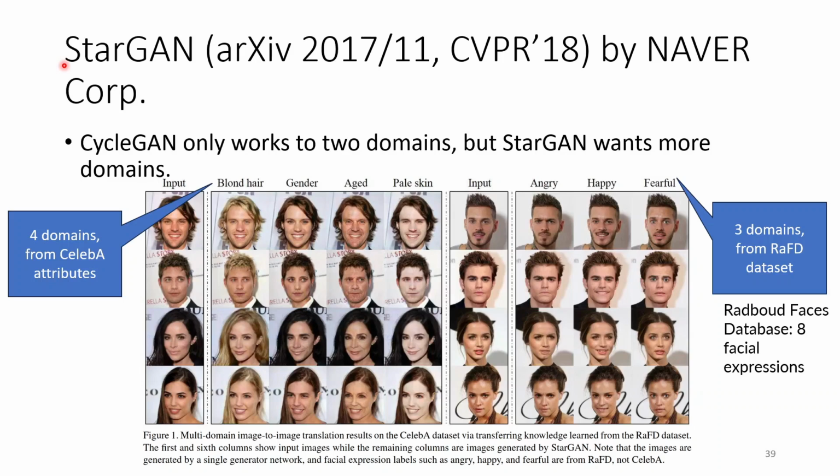So it is called StarGAN. In this illustration figure, you can see this is the input image. And then there are at least 4 domains. Blonde hair, gender meaning male and female, age which is young and old, and pale skin, okay, so this is pale, so it's brighter.